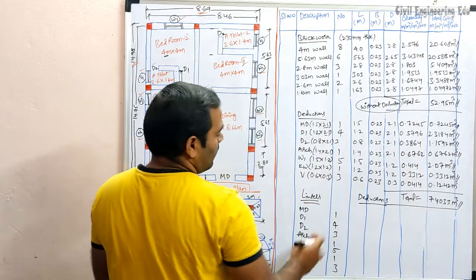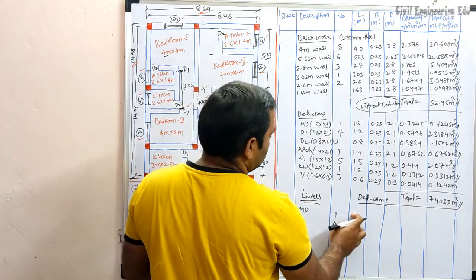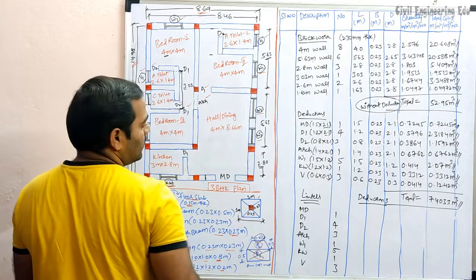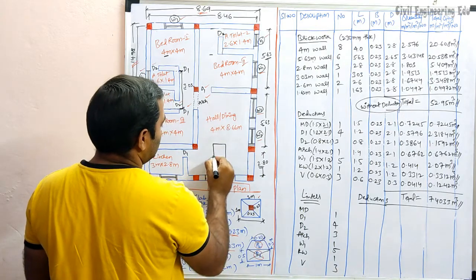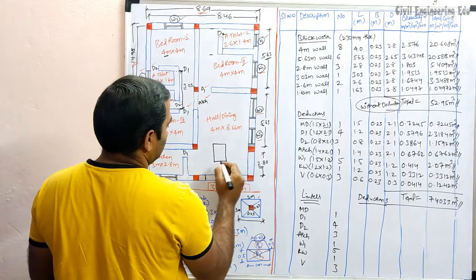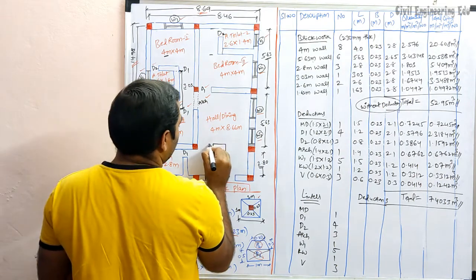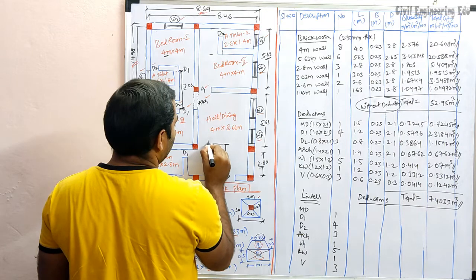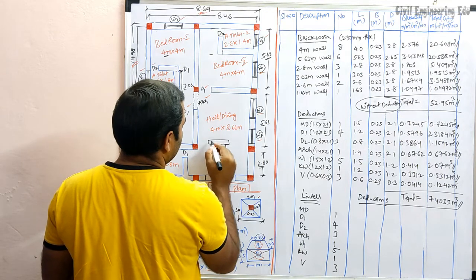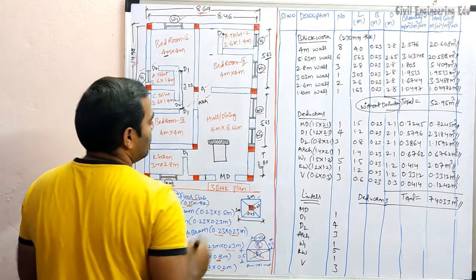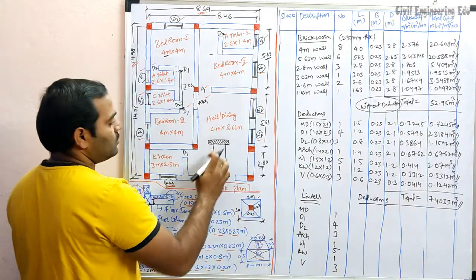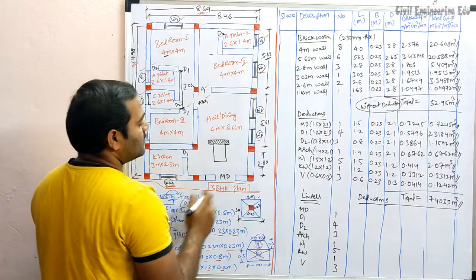Coming to the length, how to find the length of a lintel? So if this is the door opening, over every opening we will place a lintel. To continue the brickwork over this opening, we will place this lintel.